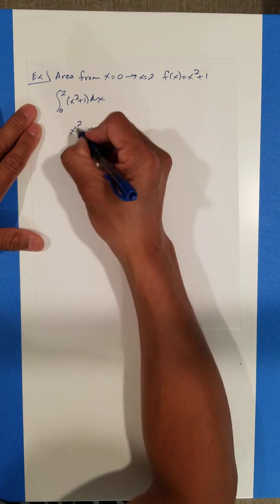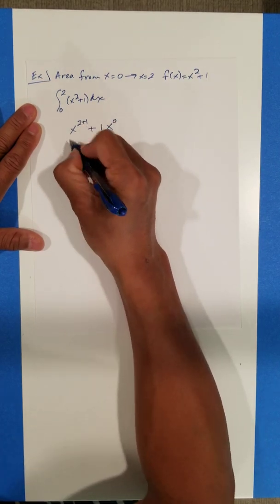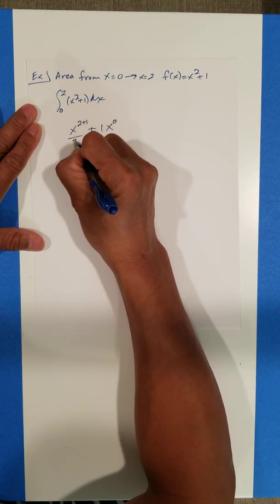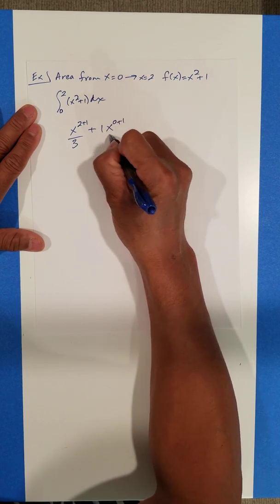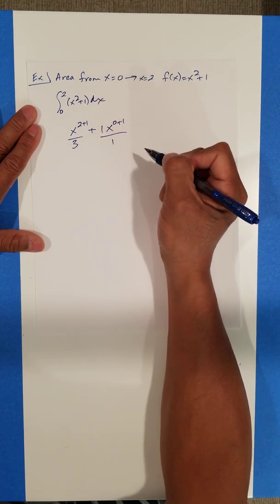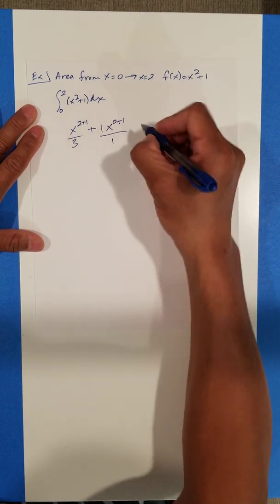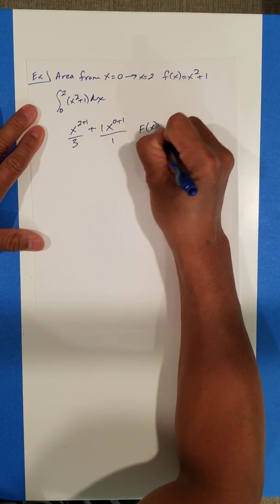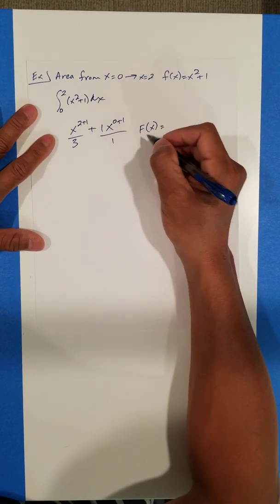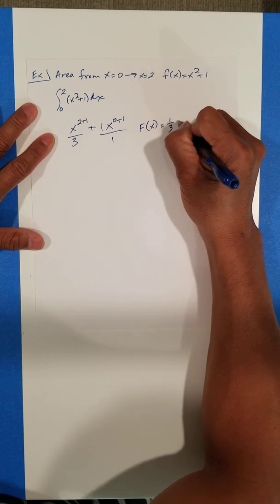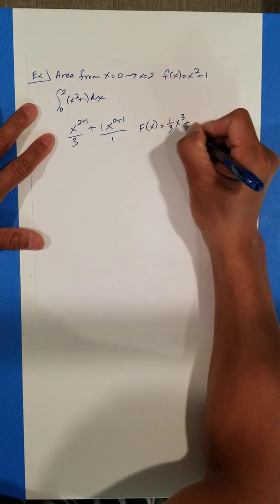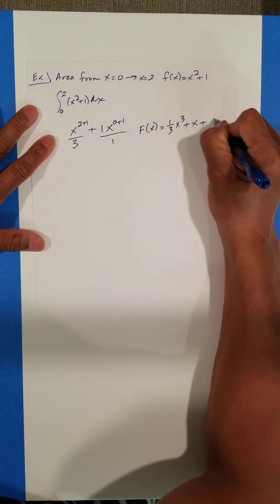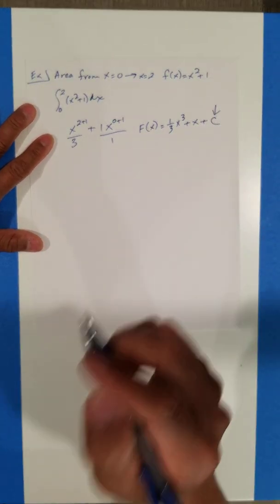So we're going to add 1, and the new power is 3. We're going to add 1, the new power is 1. So the antiderivative, using a capital letter X, is going to be 1/3 x cubed plus x, now plus c. Make sure you have that c there.